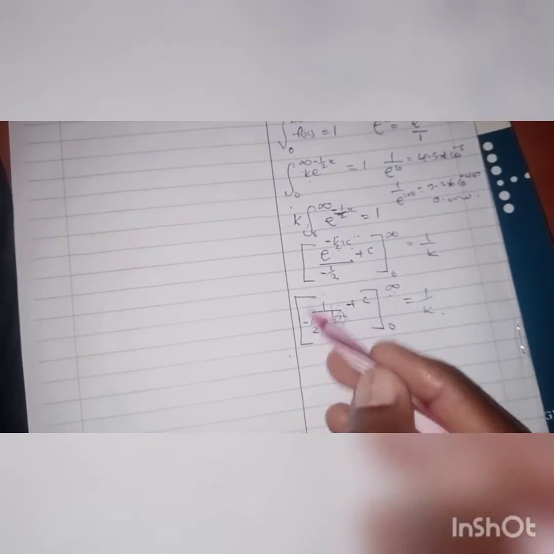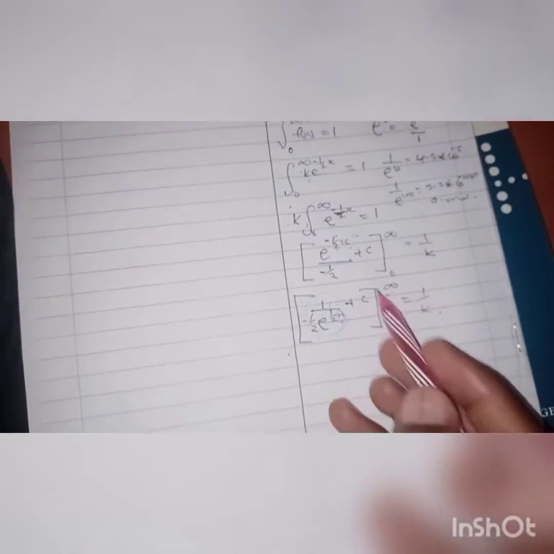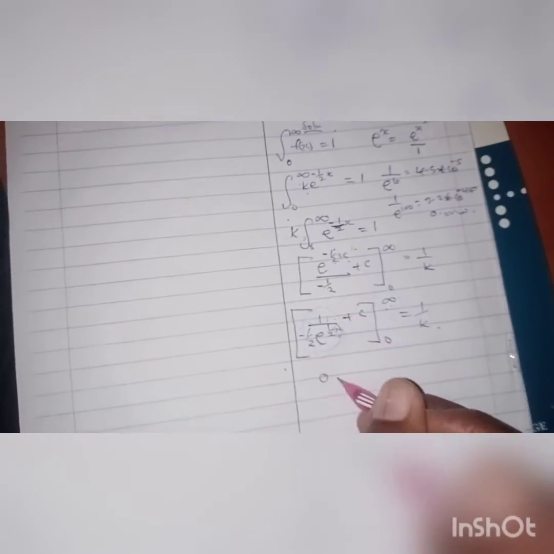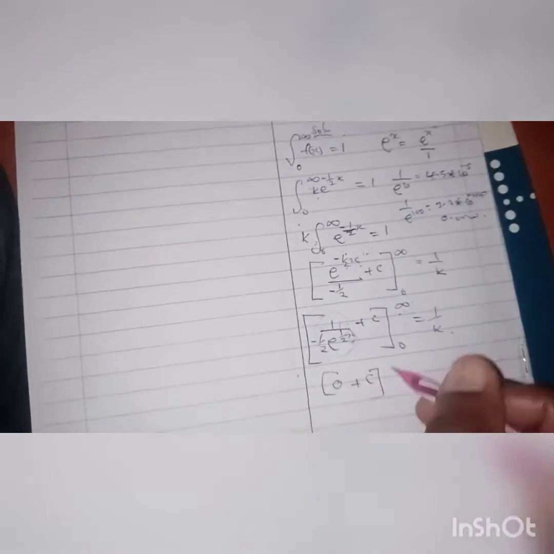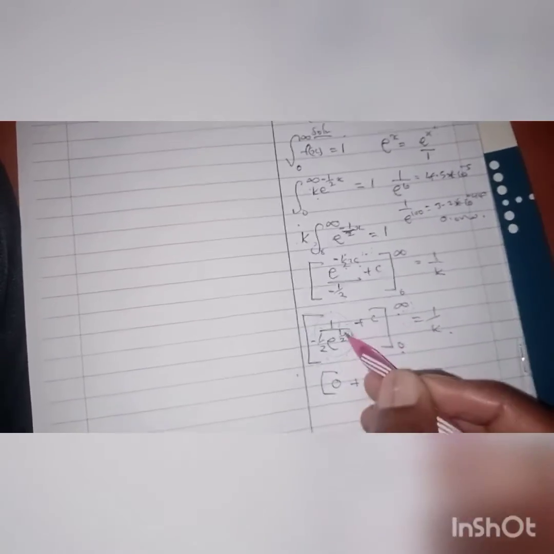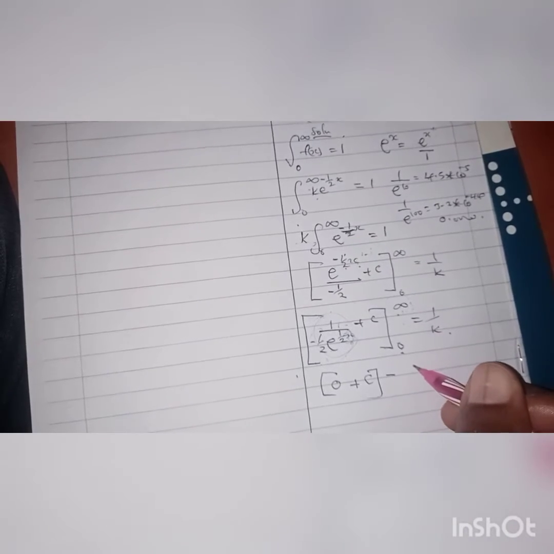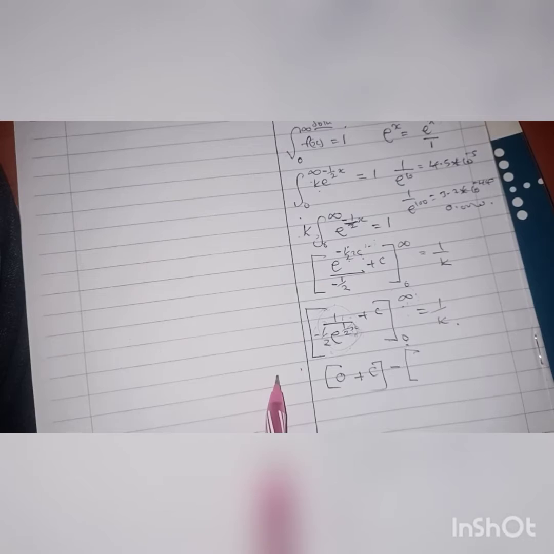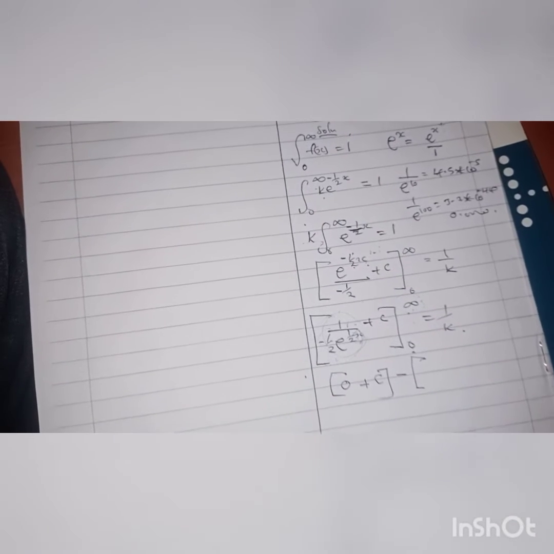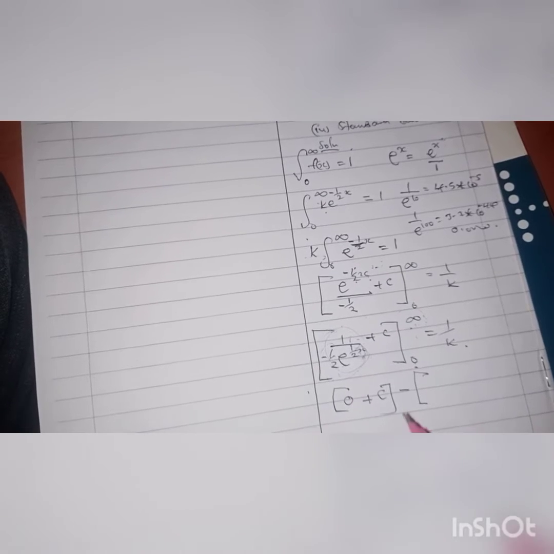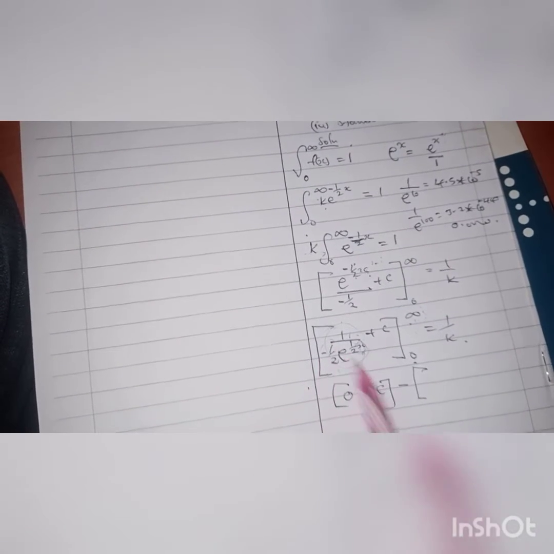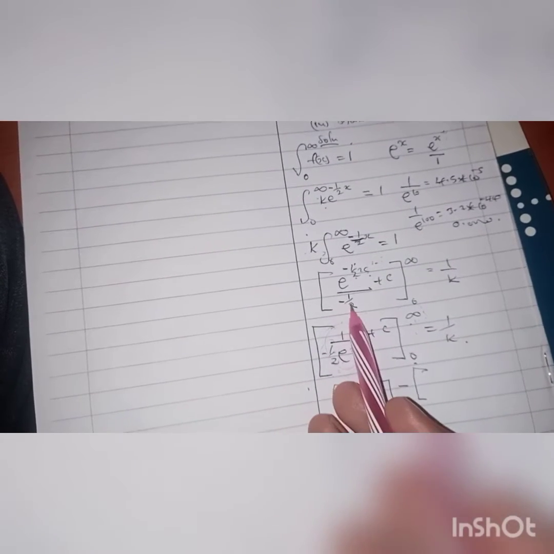Since this is almost 0, we can conclude that when we are given such a function and asked to get the limit as x approaches infinity, the result is just 0, then plus the constant. We have to substitute 0 here. The negative is a constant also.